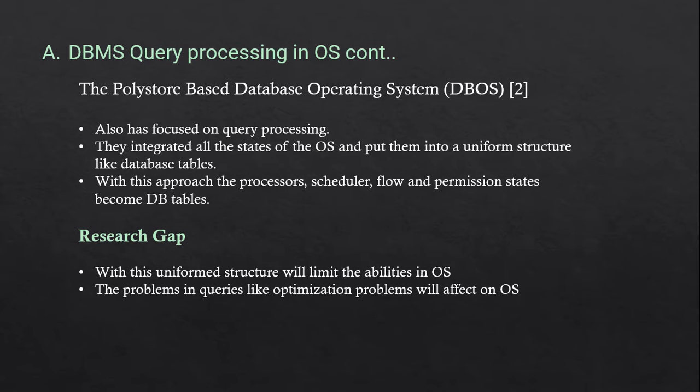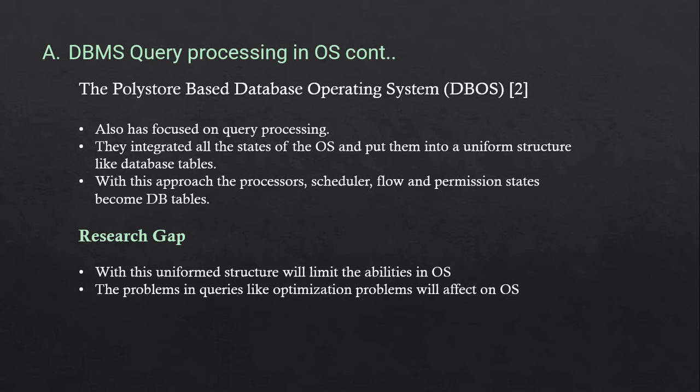When we discuss query processing, there is an operating system called the Polystore-based database operating system. This operating system also works based on parallel query processing. With this approach, processors, scheduling, flow and permission states, all the things are structured into database tables.